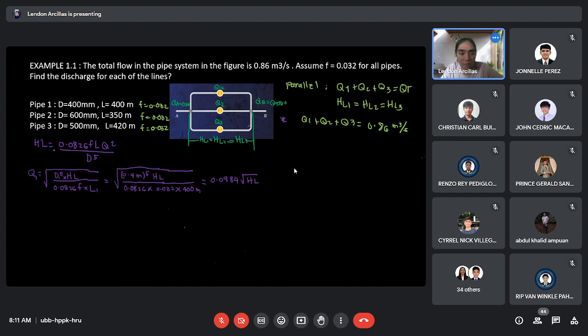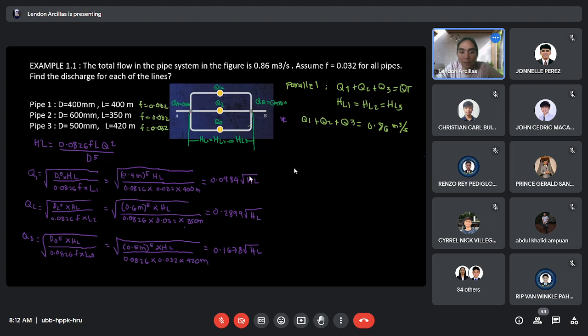So, if you cross multiply this one and this is our denominator, makukuha mo yung Q sub 1. But since wala pang given na HL, hayaan muna natin yung HL na magiging variable. Ganon din yung gagawin nyo sa Q sub 2 and then sa Q sub 3.